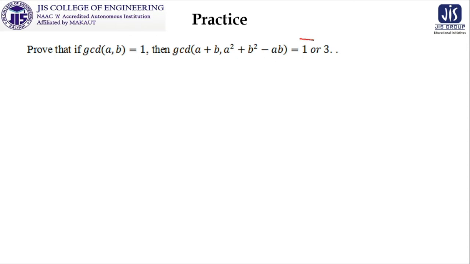I just want to emphasize that if I have to prove that it will be 1 or 3, then we have to show that d divides 3, and then only d will take the form of 1 or 3. This is our target, that d will be dividing 3. Clear? Okay. So let us start from this part.